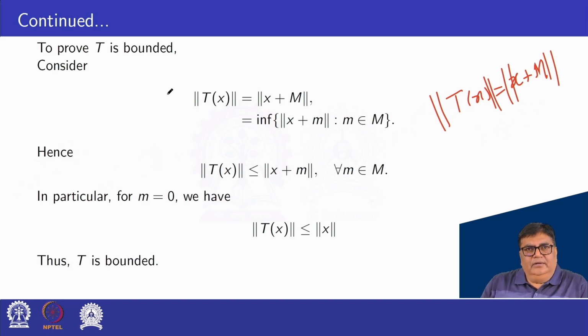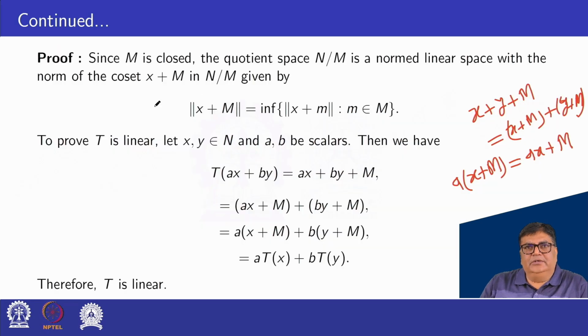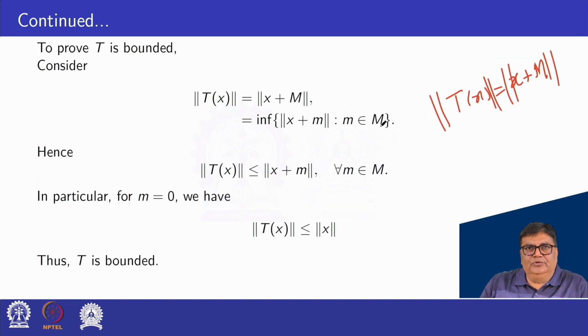And again, as per the definition of the quotient space, norm x plus M is equal to infimum of norm x plus small m, where m is an element of M. So we can write this as infimum of norm x plus m such that m belonging to M. This is equal to infimum of K. Hence, norm of Tx less or equal to norm x plus m.